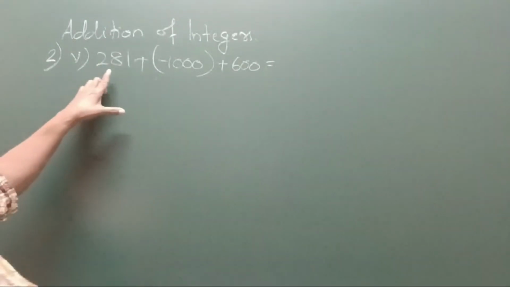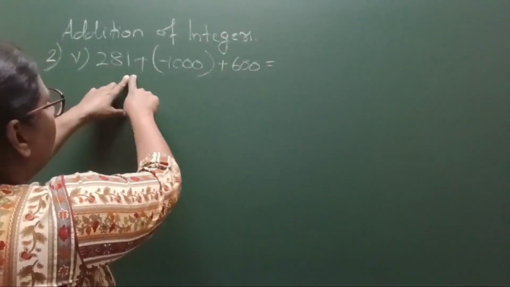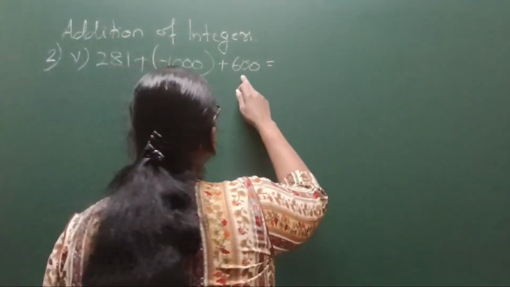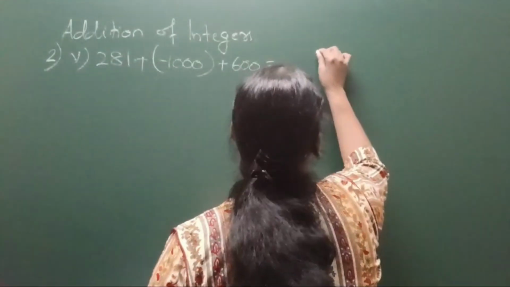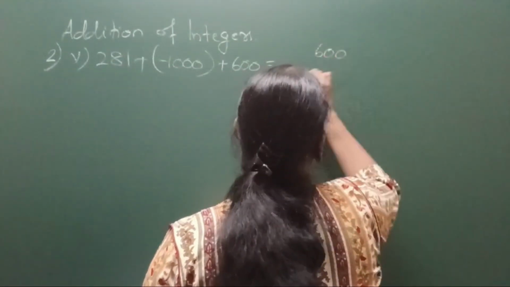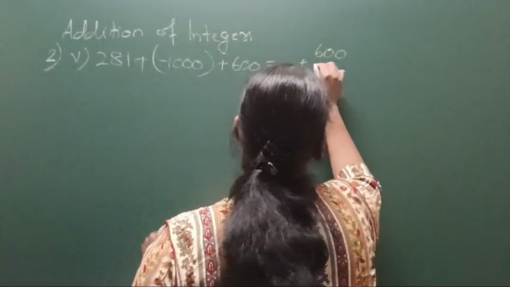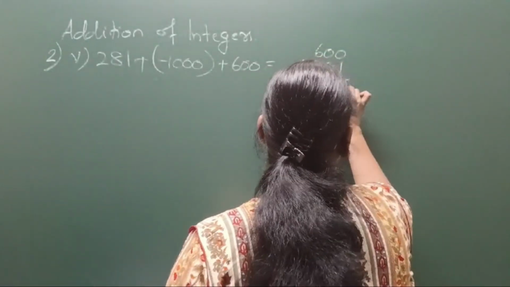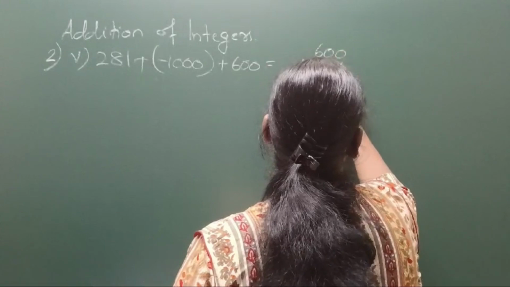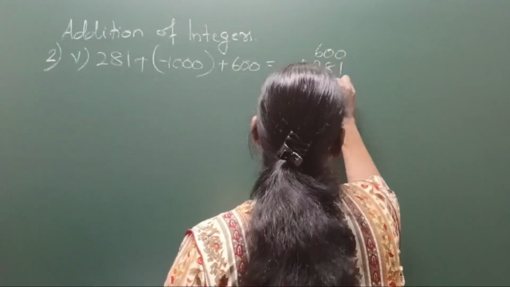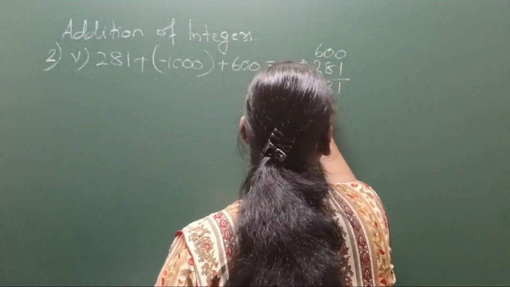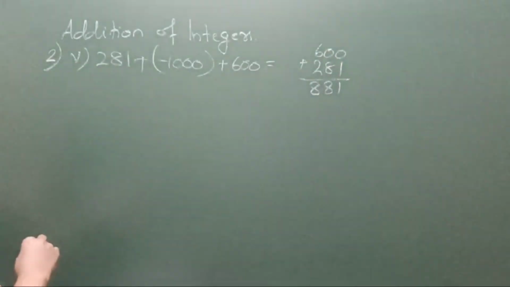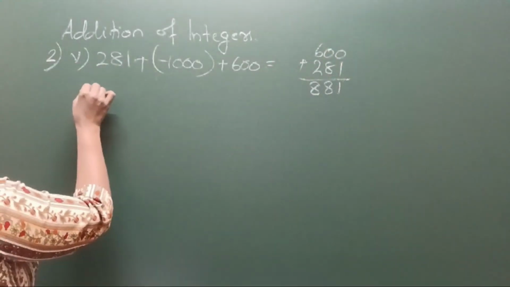So first we'll do addition of these two positive integers. 600 plus 281. 0 plus 1 is equal to 1. 0 plus 8 is equal to 8. 6 plus 2 is equal to 8. So we got the answer 881. That is of positive sign.